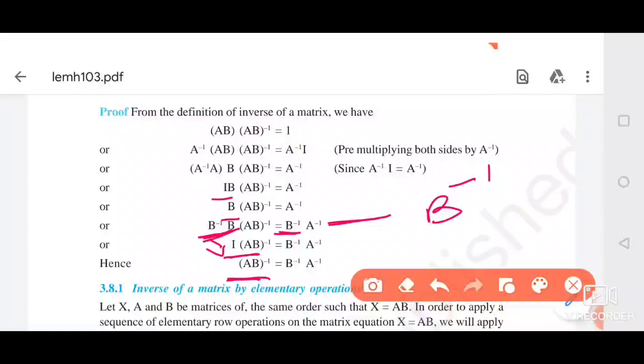So, from here we get AB whole inverse is equal to B inverse into A inverse. So, it is proved. In theorem 4 it was given, if A and B are invertible matrices of the same order, then AB whole inverse is equal to B inverse into A inverse. So, it is proved.